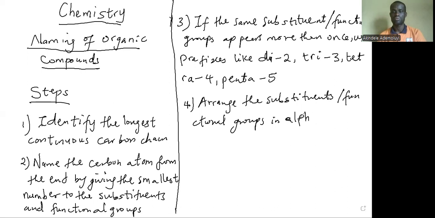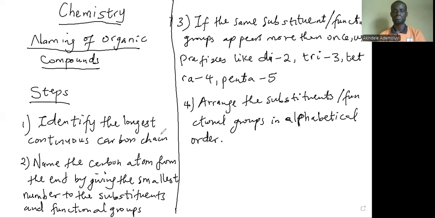Do you know the meaning of alphabetical order? That means A comes before B, B comes before C, and so on. So arrange the substituent or functional groups in alphabetical order.